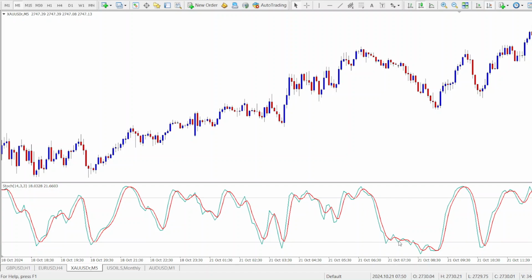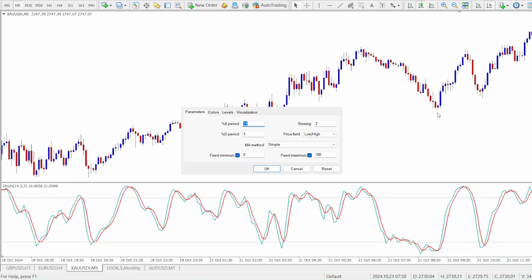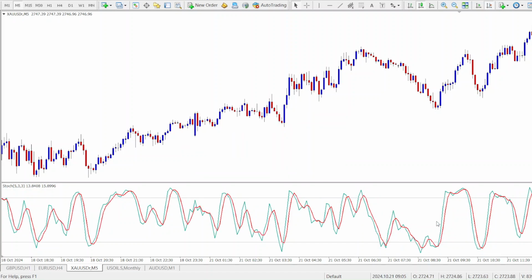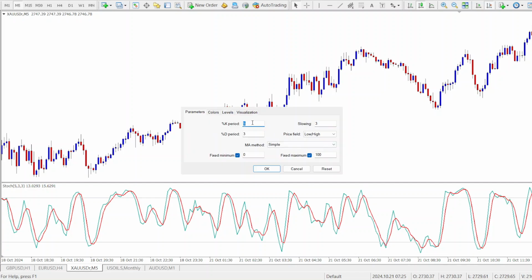All right, but now for shorter time frames like the 5-minute chart, I recommend tweaking this to 5 for percentage K and 3 for percentage D. Okay, now we can see this. You can see how the stochastic oscillator responds faster when you reduce the period, when you reduce the values here.